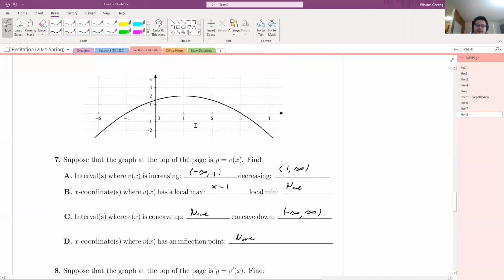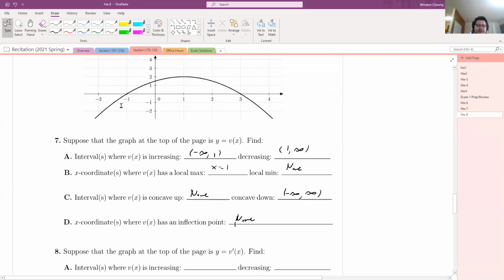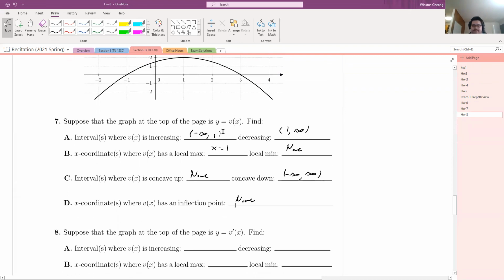So it's increasing when the values that you get out of this function are positive, meaning that it's increasing from -1 to 3, and decreasing everywhere else, where the function is negative. So increasing from -1 to 3, and decreasing from minus infinity to -1, union 3 to infinity.